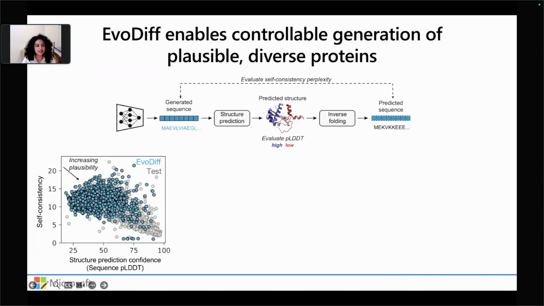And when we visualize the generations from our model EvoDiff, we see that we can span the distribution of structural confidence and self-consistency relatively well. And importantly, that we result in generations that are highly structurally confident and self-consistent.